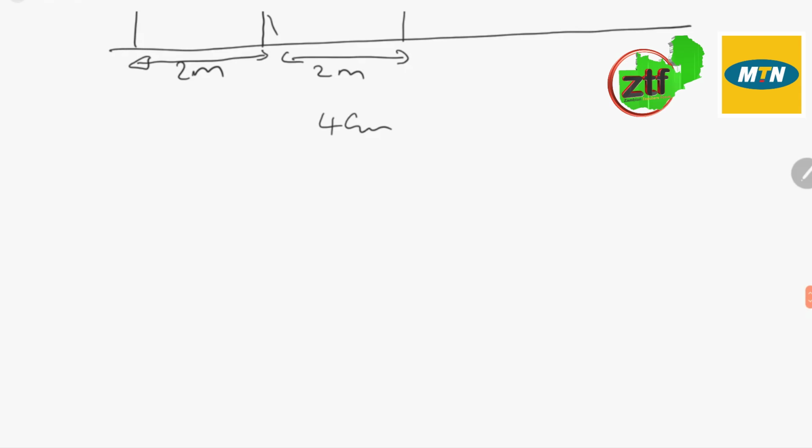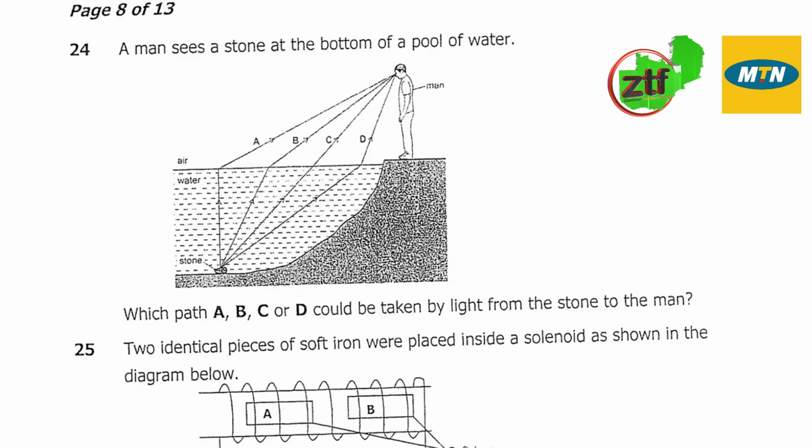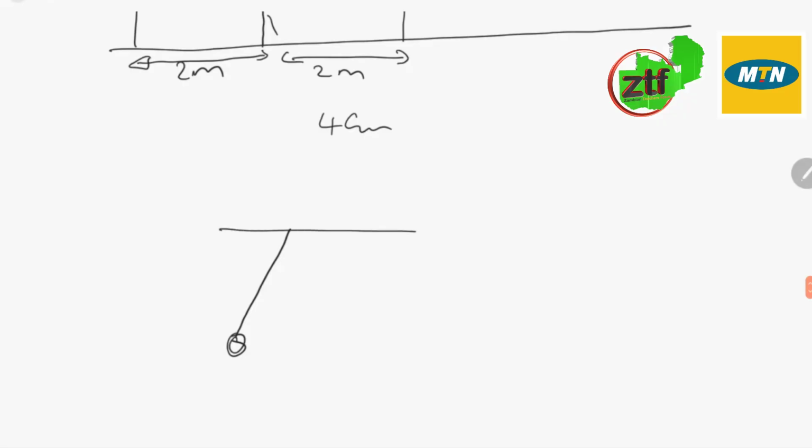So A is wrong. When we go to B, yes, it agrees. Let me just draw something roughly for B. This is the stone, and the ray comes and hits the boundary and gets diverted. Then we can draw the normal here, and we see that this medium is less dense than this medium, so the ray bends away from the normal.